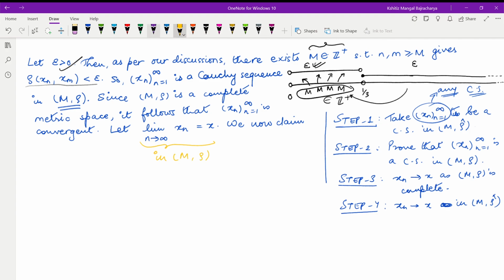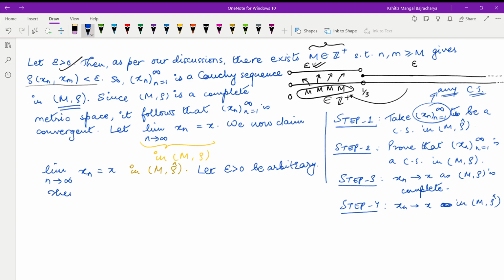We now claim that the limit as n tends to infinity of x_n is equal to x in M rho dash. Now to prove the convergence, let us again suppose epsilon greater than 0 to be arbitrary.